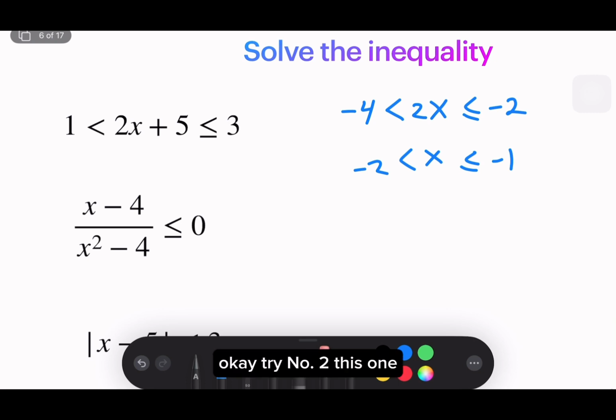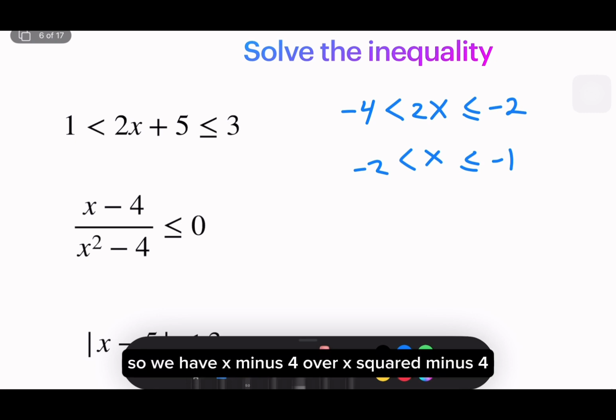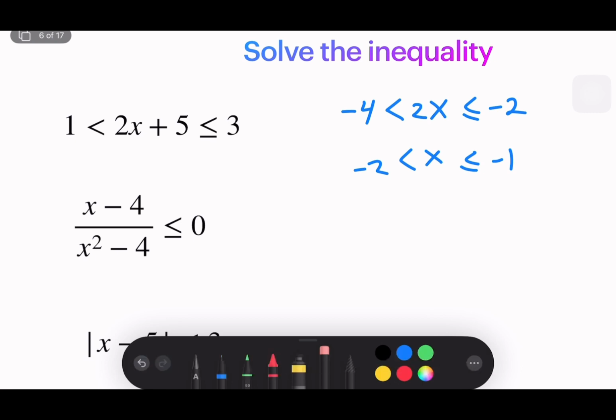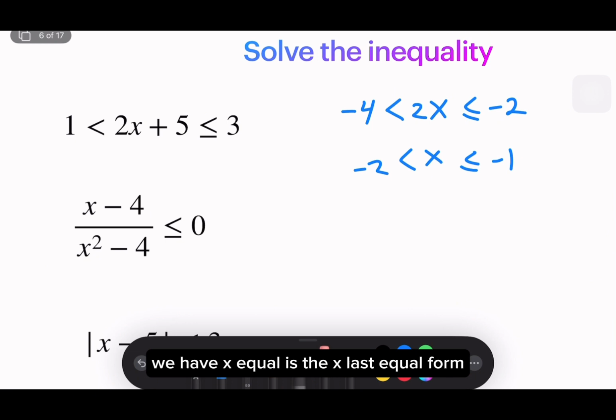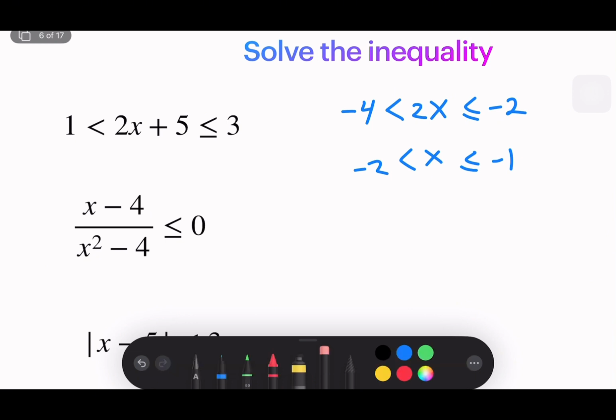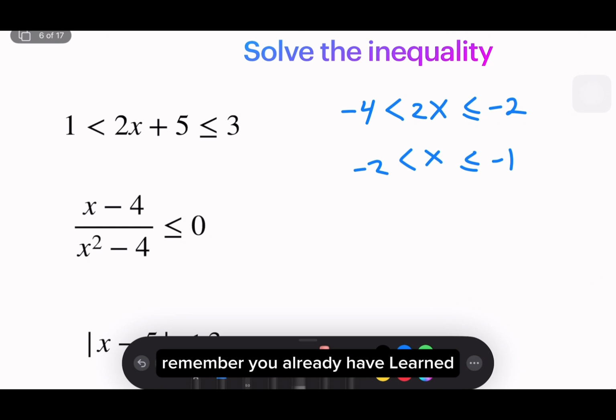Okay, try number 2, this one. So we have x minus 4 over x squared minus 4 should be less than or equal to 0. Okay. Do not multiply this. The x is less than or equal to 4. Remember, you already have learned about domain and things like that, right?